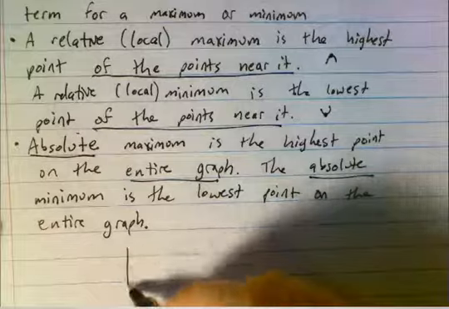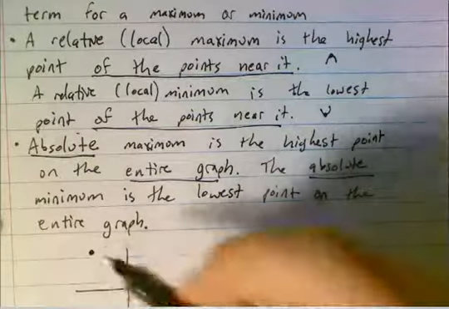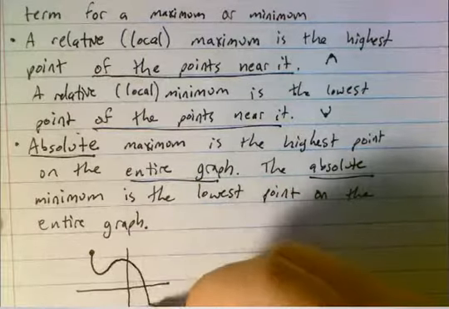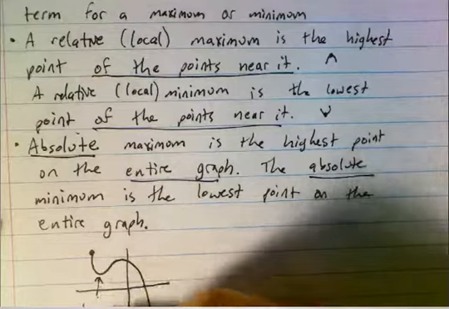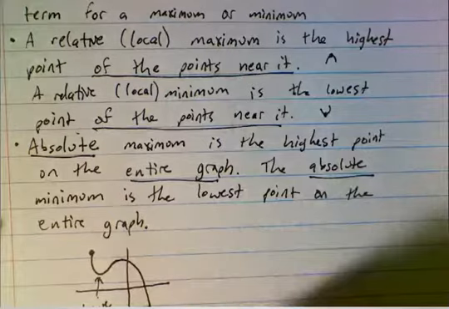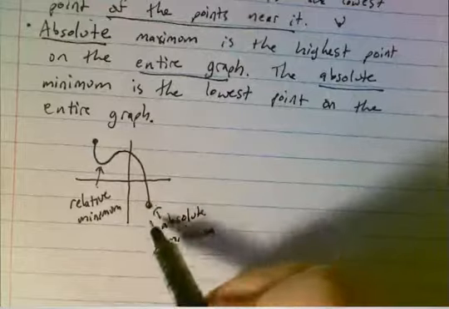So for example, in this case, let's say our graph starts up here at this point, it comes down, it goes back up again, it goes down, stops here. So here we have a relative minimum, but the absolute minimum is actually here.